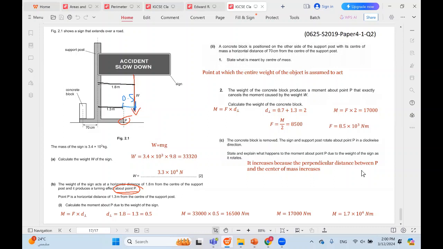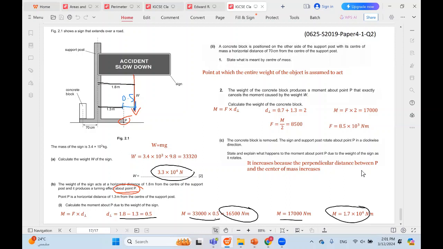And therefore, the distance is obtained, and we simply multiply the weight, 33,000, by the distance, 0.5, and we get the moment, 16,500, or almost 17,000, or you can write it in scientific notation as 1.7 times 10 to the power of 4. All of these are correct versions of the answer.